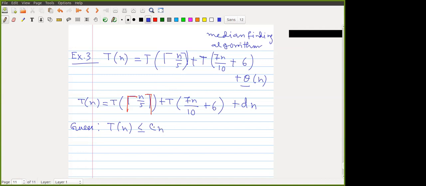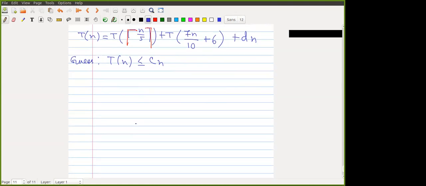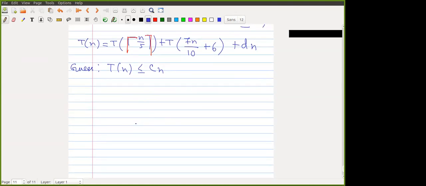As before, we have to show some relation between C and D, right? But let's not go into it right now. What relation of C and D will be required, we'll see when this calculation unravels.